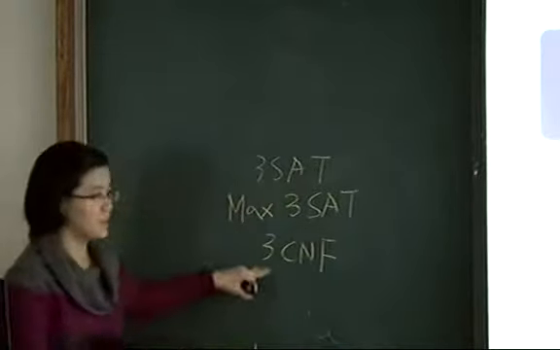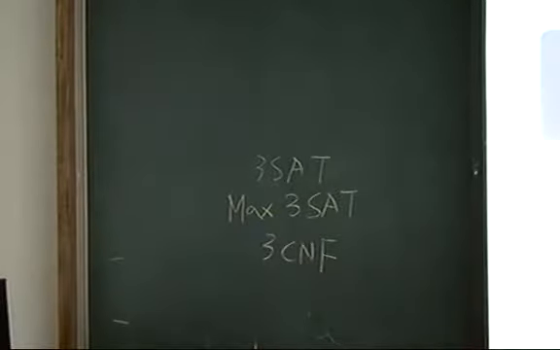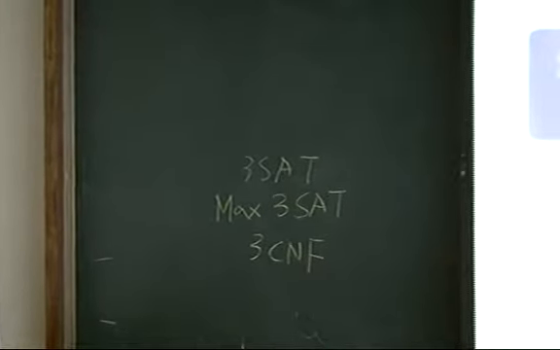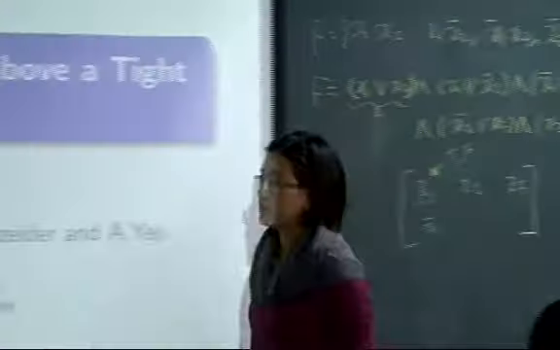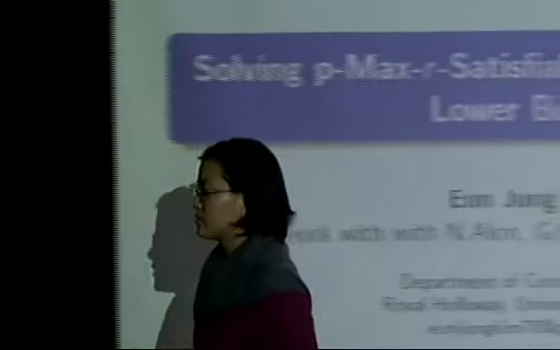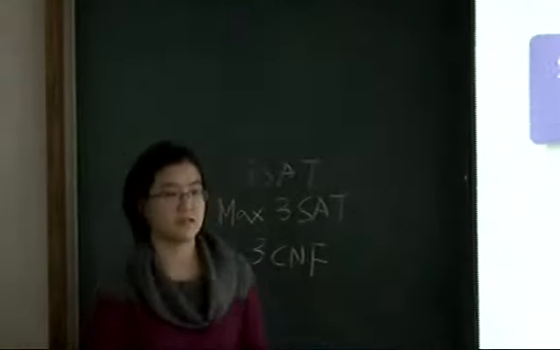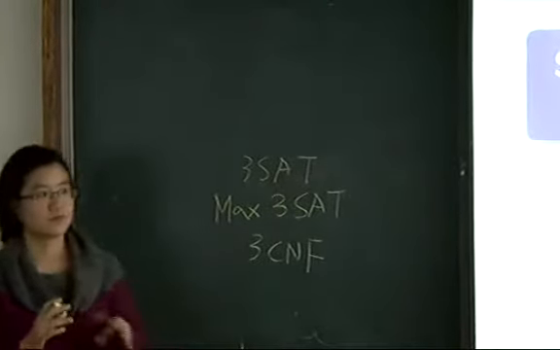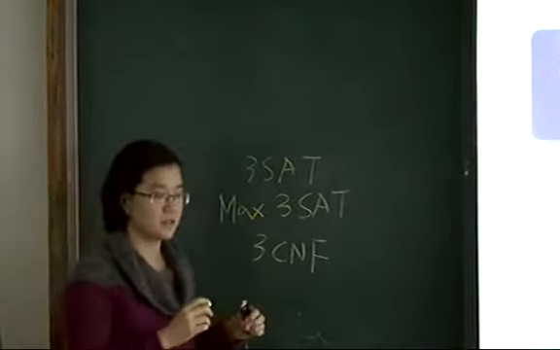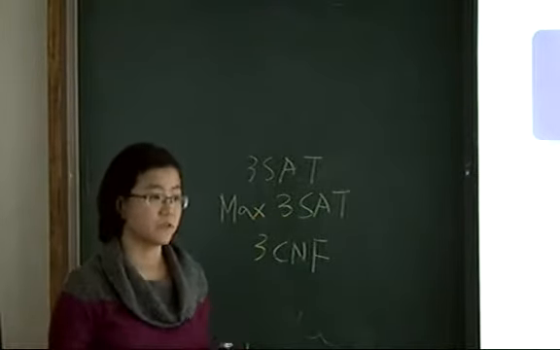3 CNF means each clause has at most 3 literals. In this case, each clause has at most 2 literals, so it's 2 CNF. 3 CNF is a standard flagship problem for approximation problems, and to classify the computational difficulty for approximation algorithms.